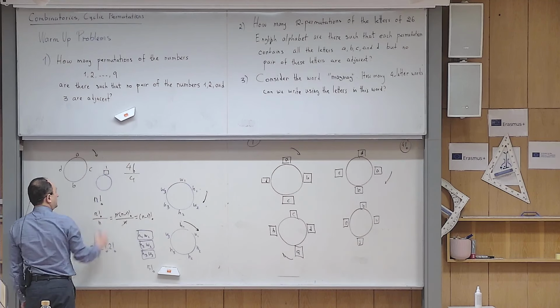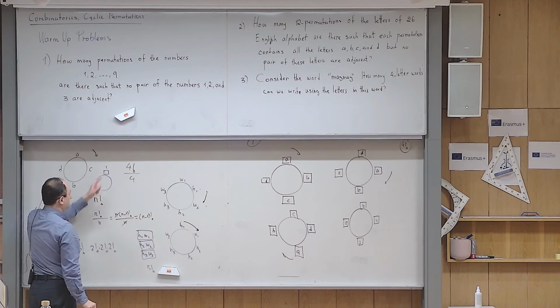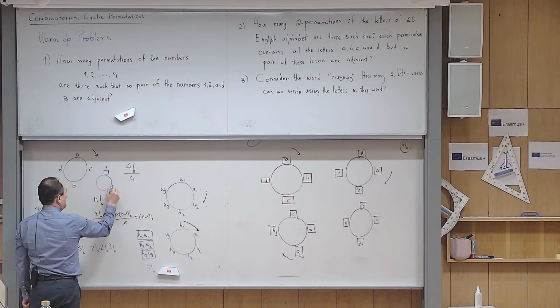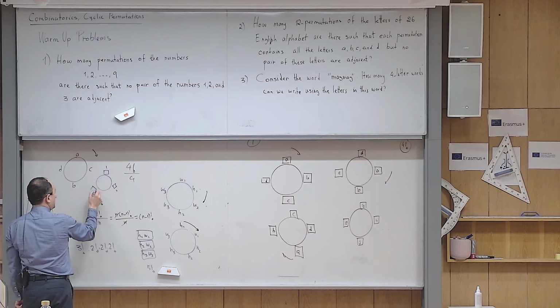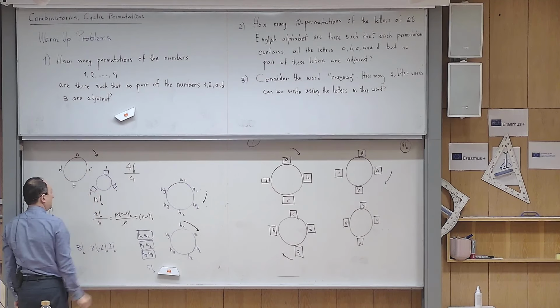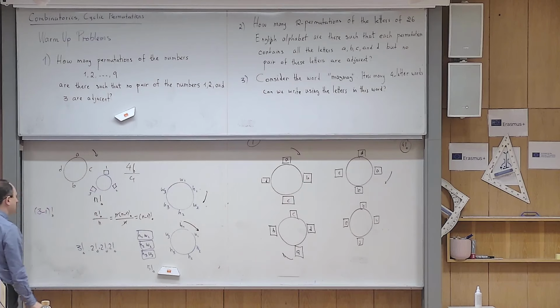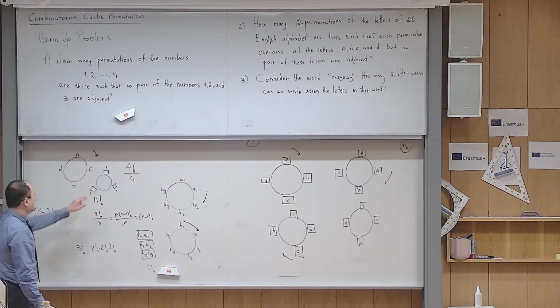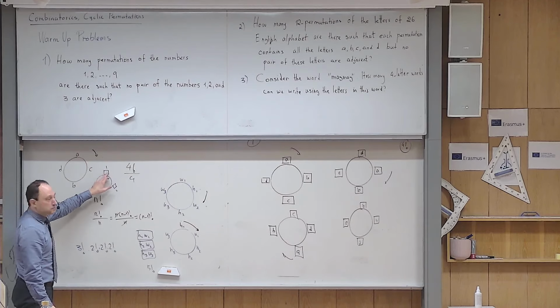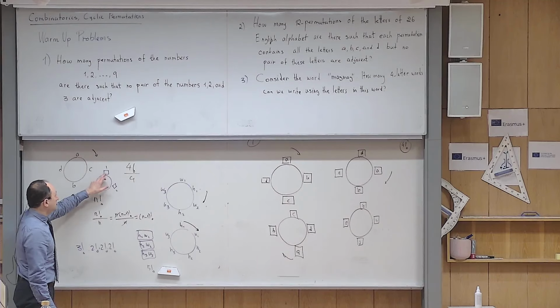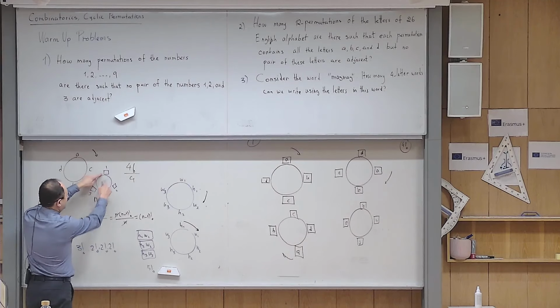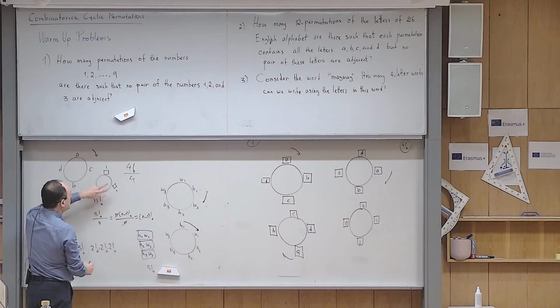But now the boxes are there. So this is box 1, husband 1 and wife 1 are in this box. This is box 2, husband 2 and wife 2 are in that box, and this is box 3, husband 3 and wife 3 are in that box. But now what can I do? In this box, the husband can sit here and the wife there, for example, or the other way around.